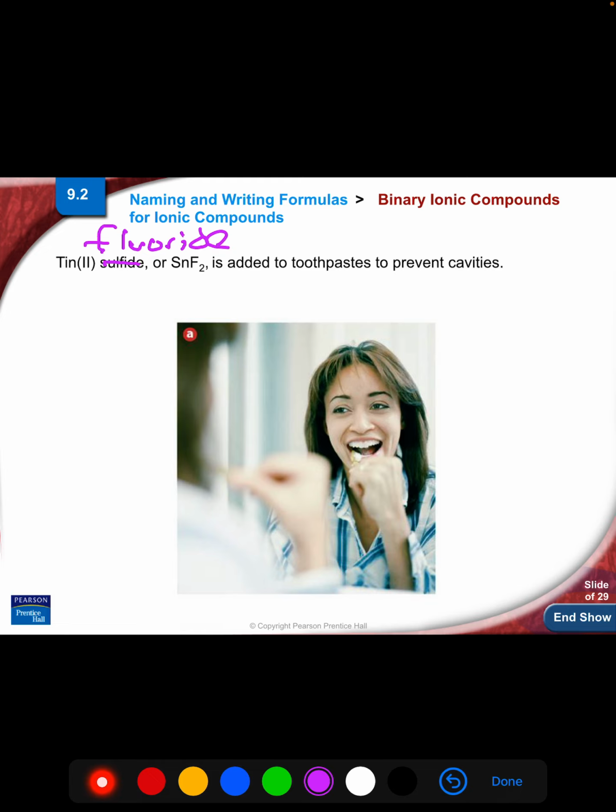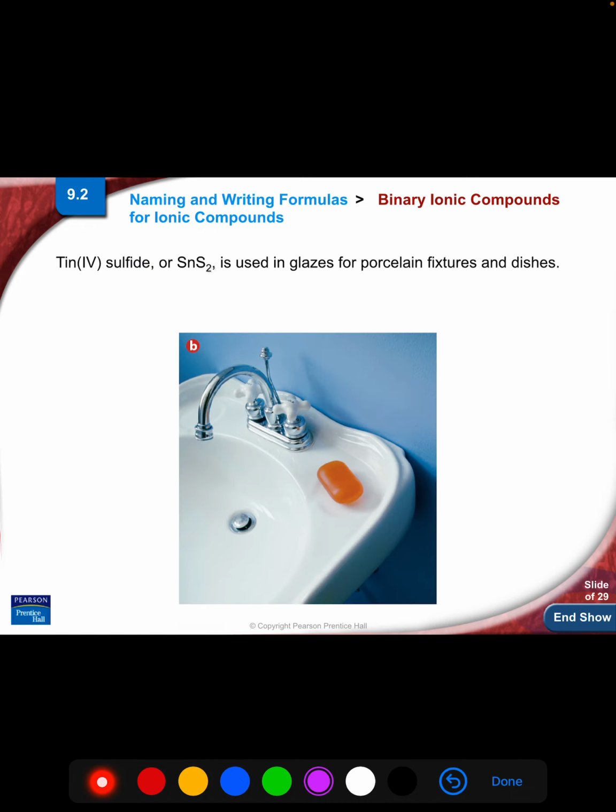Fluoride is always -1, so I need 2 of them to balance the +2 charge, and I end up with a neutral ionic compound. Like I say, tin fluoride is the active ingredient in Crest. Others use sodium fluoride or different fluoride salts to get you your fluoride.